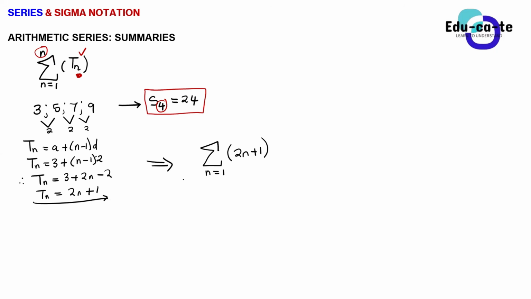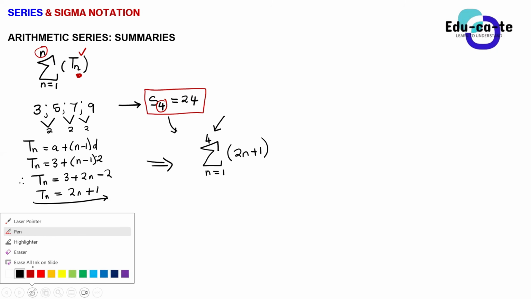You start at that. And then what number am I going to put on top of the sigma notation for this sum that I just did? You put 4. Yes, I put 4. The 4 there is the total number of terms that I'm adding.